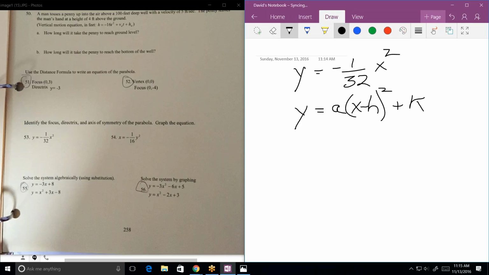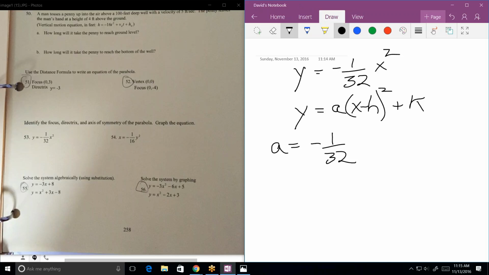In our equation that they give us, what is h and k? Zero, both of them. Okay. In other words, we don't have an x minus anything quantity squared, and we don't have anything being added to it. So there's no k and there's no h. What we do have is a equals minus 1/32, right?